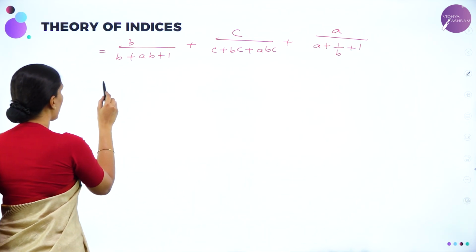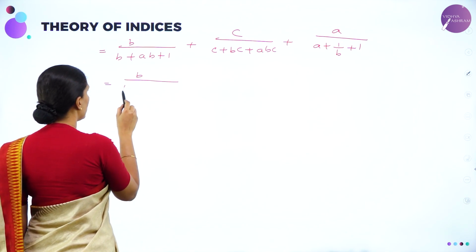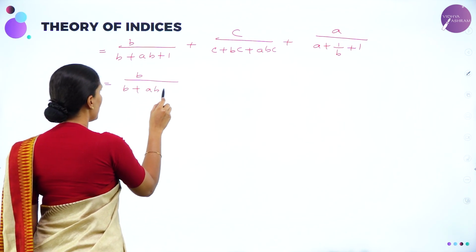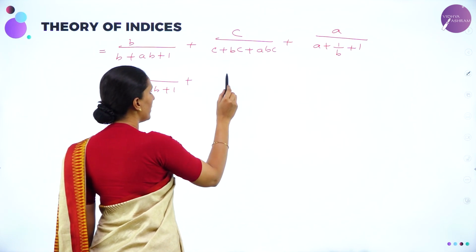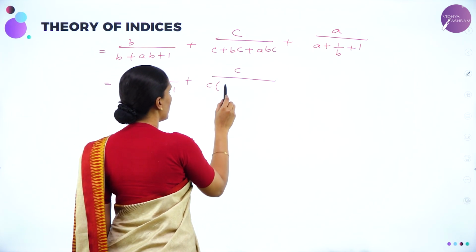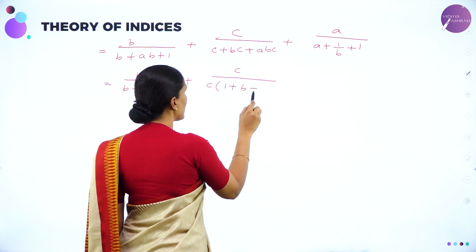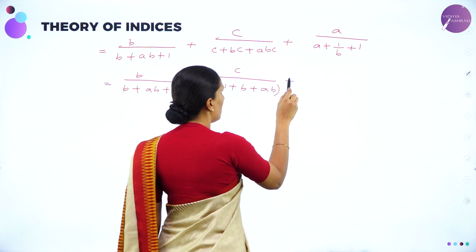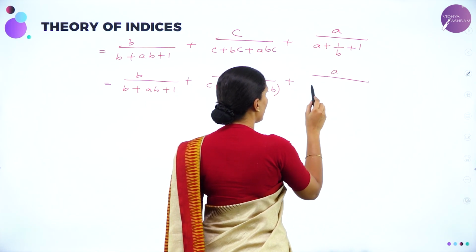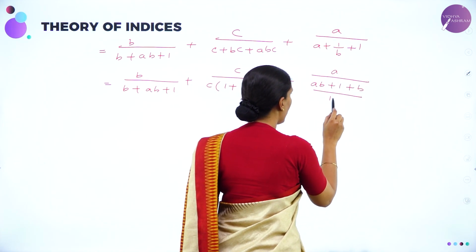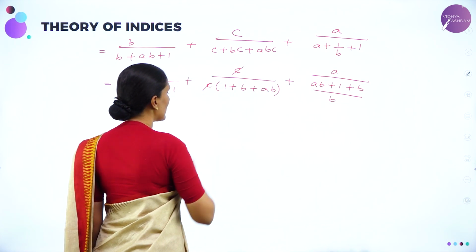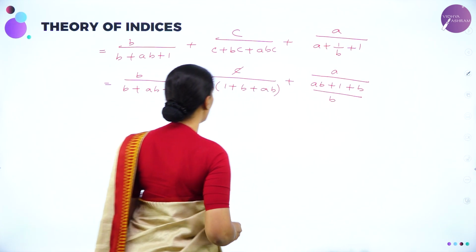So now we can write this as b divided by b plus ab plus 1. You can see c is the common factor in numerator and denominator. So we have c times 1 plus b plus ab, plus here a divided by ab plus 1 plus b, whole divided by b.